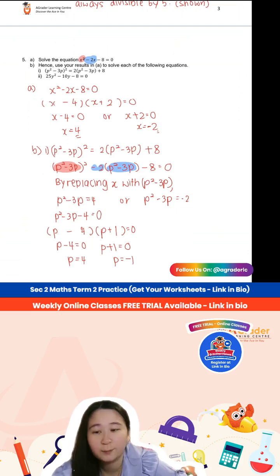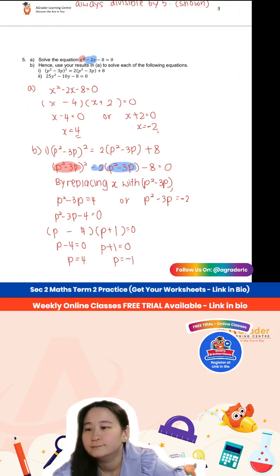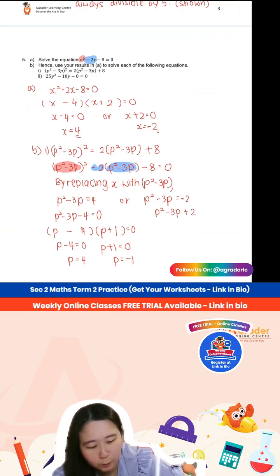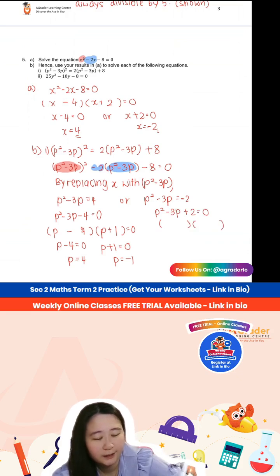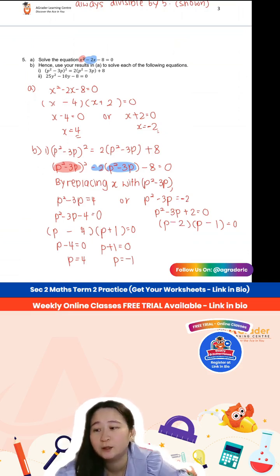Then for p squared minus 3p equals negative 2, p squared minus 3p plus 2 equals 0. Same thing, factorize. So p times p, 2 and 1 will be minus minus to get negative 3p in the middle.